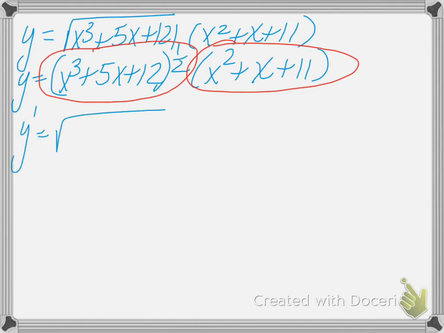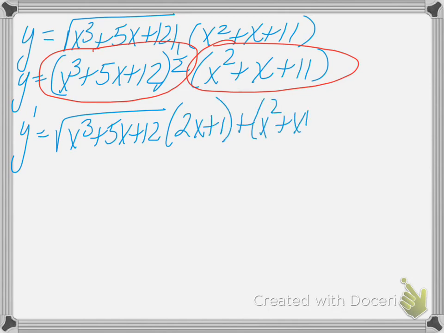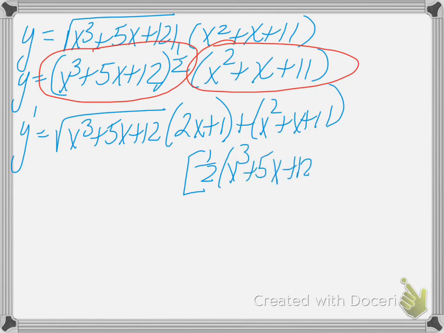Okay, so it's the first times the derivative of the second plus the second times the derivative of the first, which is going to require a chain rule. I'm going to run out of room, so I'm going to put it here. Okay, so bring down the 1/2, keep the inside. One half minus 2/2 is a negative 1/2. And then we need the derivative of the inside.